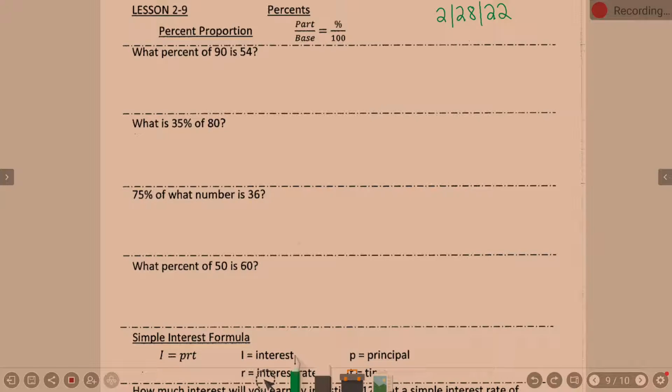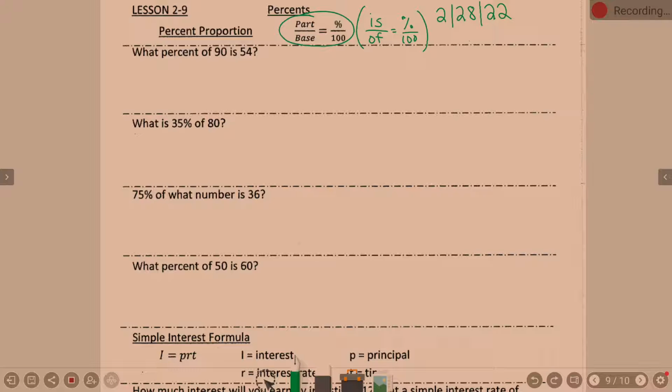So when I talk about the percent proportion, I'm going to use the idea of what it says right there: the part of the number divided by the base is equal to the percent over 100. And the percent's always going to be 100. Now, I also like to use this shortcut: is over of equals percent over 100.